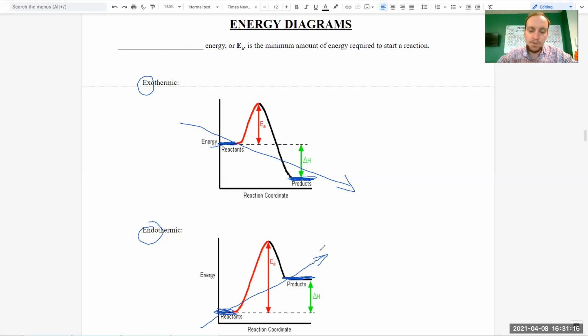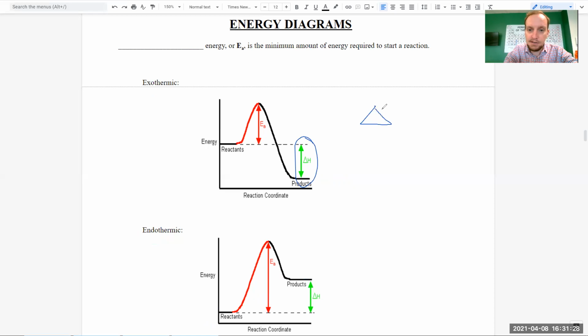Okay, pretty straightforward. The next thing I want to point out to you guys is something called the delta H. So the delta H, shown here in green, is the overall change in enthalpy. Remember, guys, that the delta means change. Capital H is enthalpy. So that is the change in enthalpy. Enthalpy, there we go.